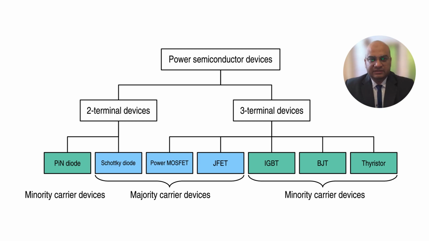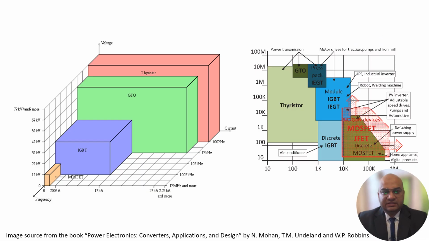Moving ahead, this is an interesting graph which has been taken from a book by Ned Mohan, T.M. Undeland and W.P. Robbins. And here we can see the categorical differentiation of MOSFET, IGBT, GTO and thyristor based on three axes.